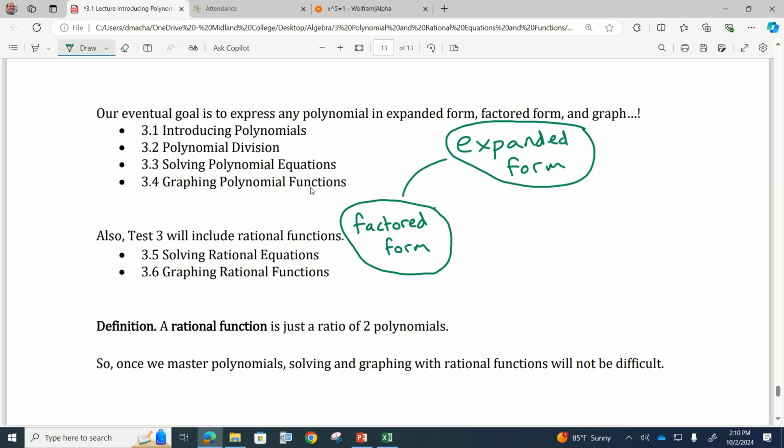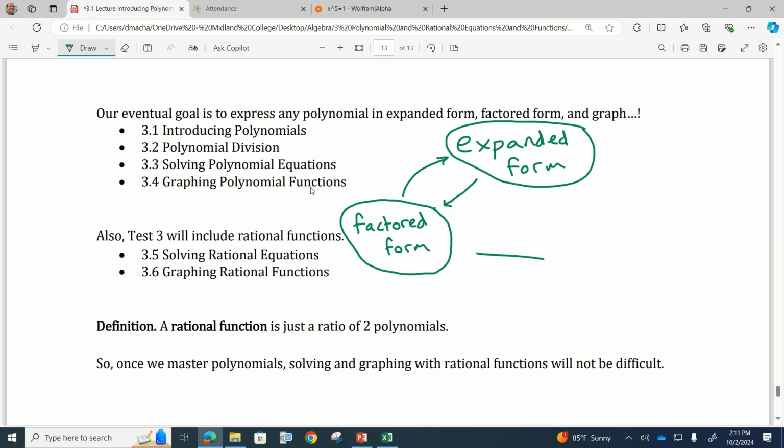Today, we already learned how to expand a polynomial given in factored form. And next time we meet, basically all of next week, we're going to work on factoring polynomials. That's the harder part. Going from expanded form to factored form is always harder.